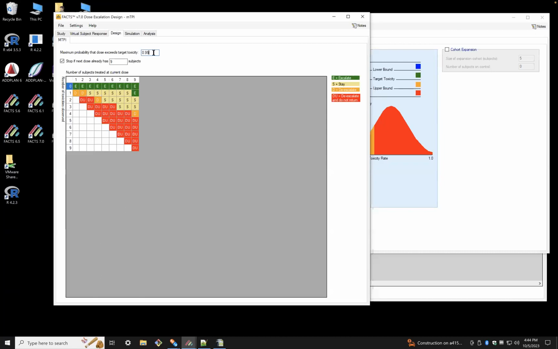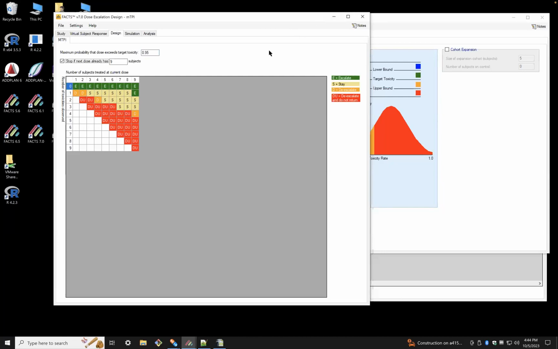If we lower that probability, you'll see we get more DUs to a point where it might actually be very hard to see a trial execute. So it really does have to be at quite a high value to have a workable design.